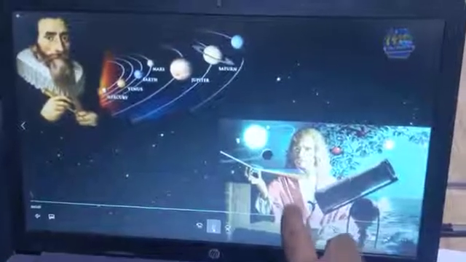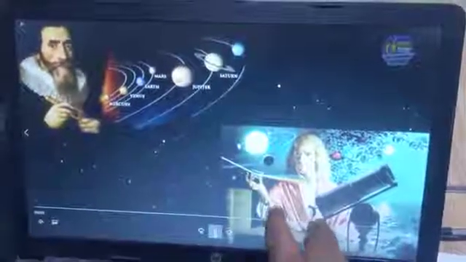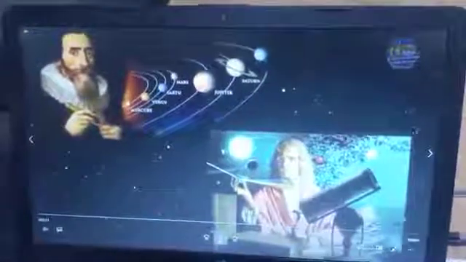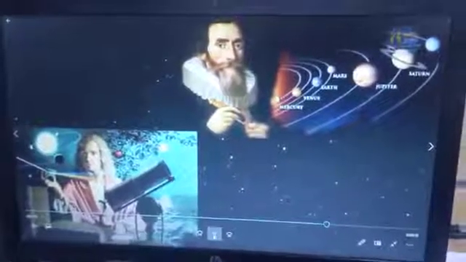This is Newton's law of gravitation, what it tells us here. You can see here the planetary orbit.